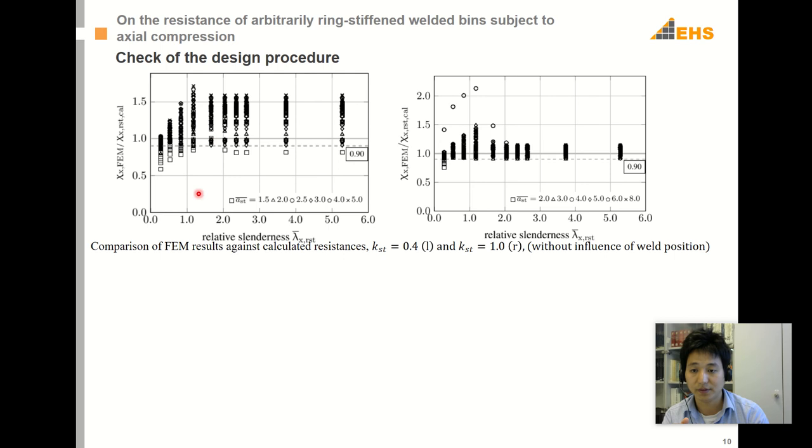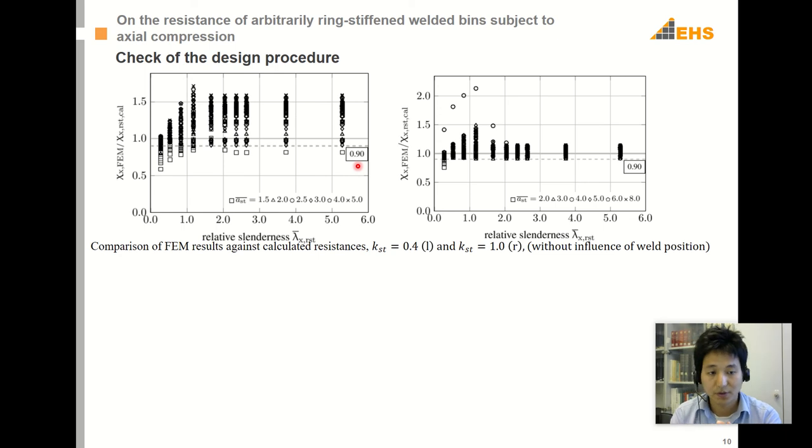The left side is with the stiffener spacing 0.4, and here is 1.0. We can find from both diagrams that when the spacing is larger than 2.0, most ratio values are larger than 0.9. So we think this design approach is safe.